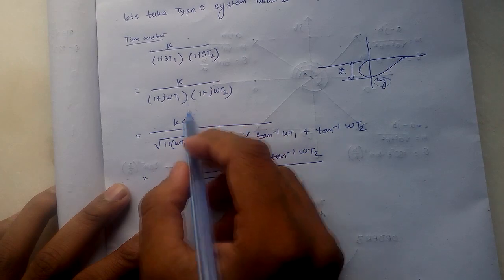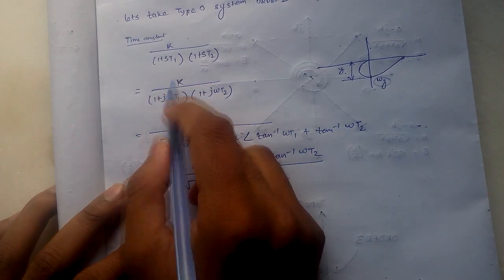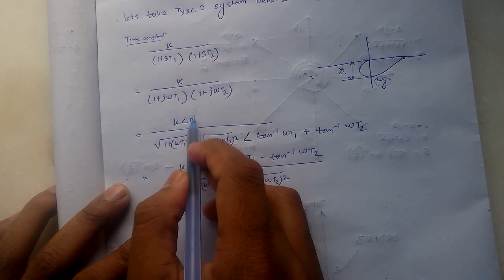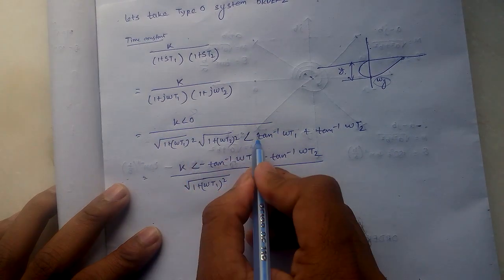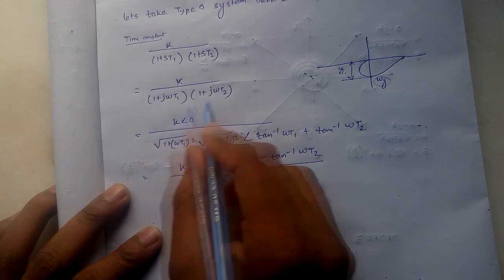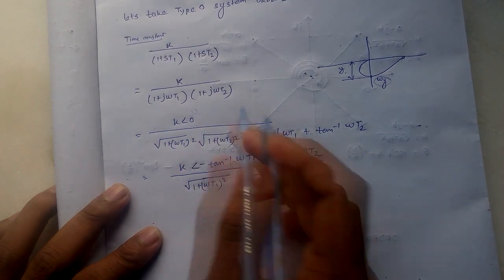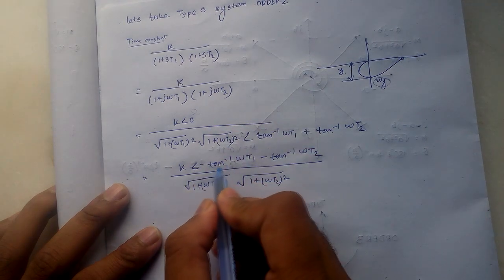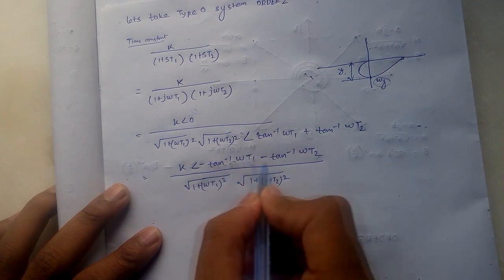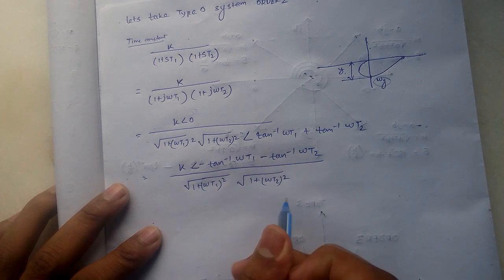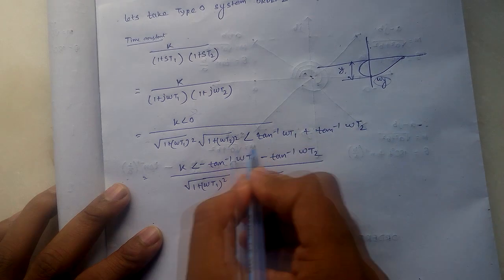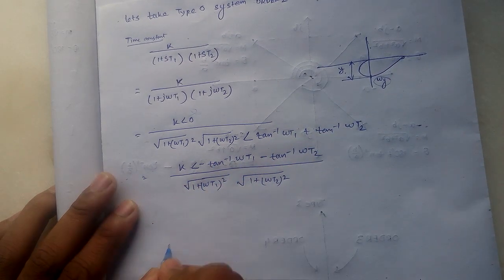So for that shortcut method, what we have done, we just put s as j omega in place of s. So you can see here, and after that the angle of k is 0 degrees, and that will be omega t1 by 1 and omega t2 by 1. In this we have put it in the numerator, so that will become like this. And after that, this angle is cutting minus 90 degrees, so we have to write this.